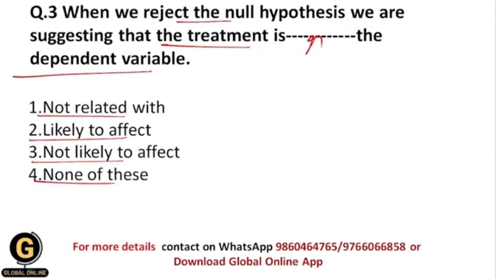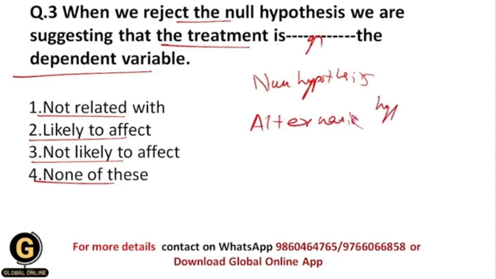So basically students, there are two basic types of hypothesis in the whole research process, and those are the null hypothesis, for which I have given the definition earlier in this video, and the other one is the alternative hypothesis, which is also called the research hypothesis.